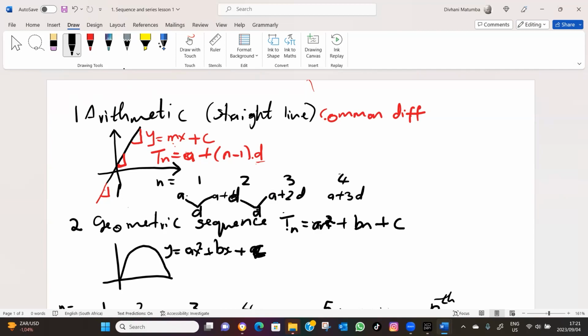Then a minus a cancels out, giving you d. Term 4 minus term 3, you get 3 minus 2, 1. 1 minus 1, 0. So as you can see, in arithmetic sequences, there is a common difference.